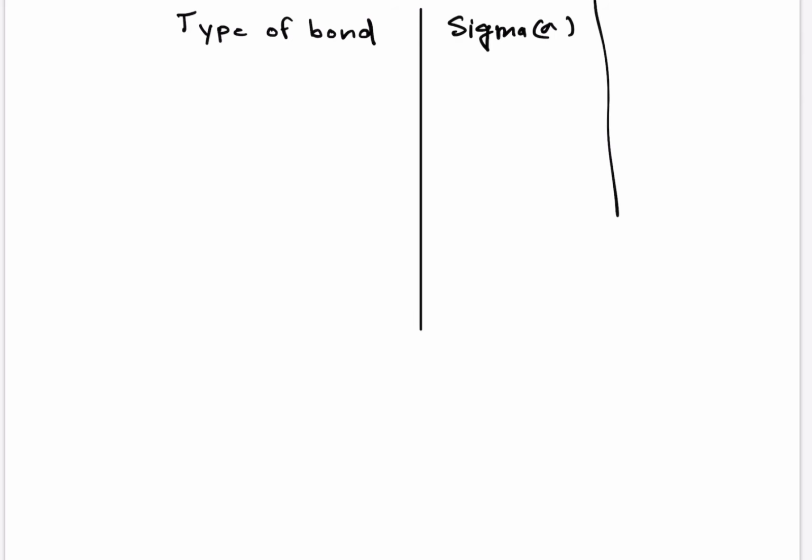Now let's again talk about the bond. The type of bond, and then we can say sigma. Let's write that down more clearly. So sigma, and then we have pi.